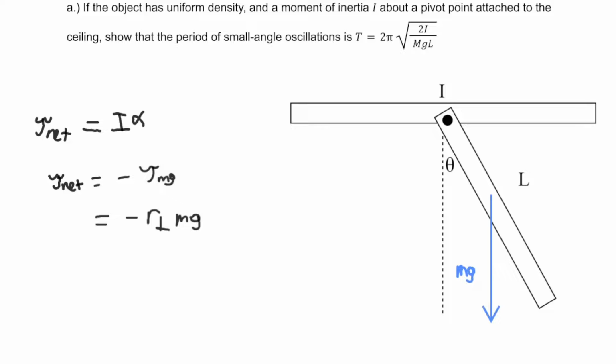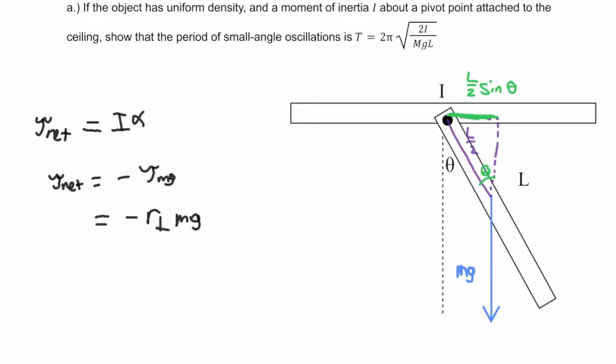For this one, since we're going to the center of mass, this distance right here is L over 2 because it's halfway across the rod. So therefore, this lever arm right here is just going to be L over 2 times sine of theta.